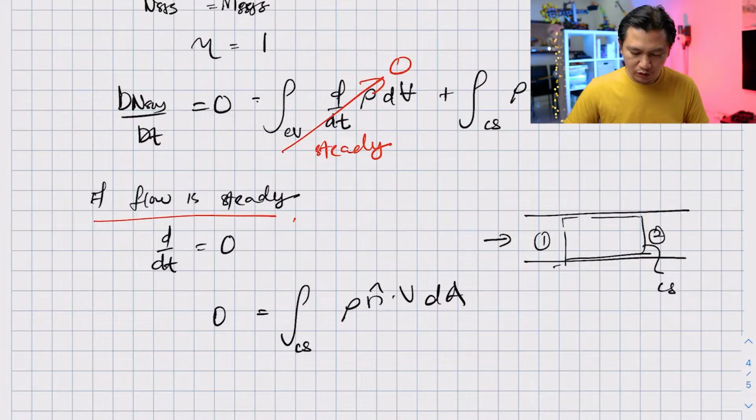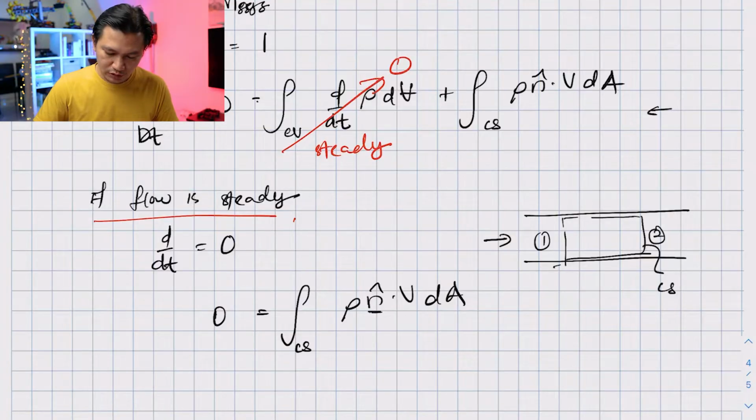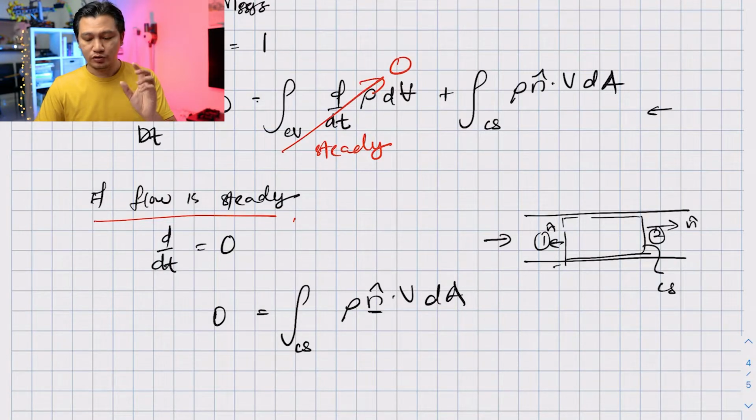Remember that the normal direction always points outward of the control volume. So n goes in this direction at point 1, and n goes in this direction at point 2. So the normal at point 1 will be negative.